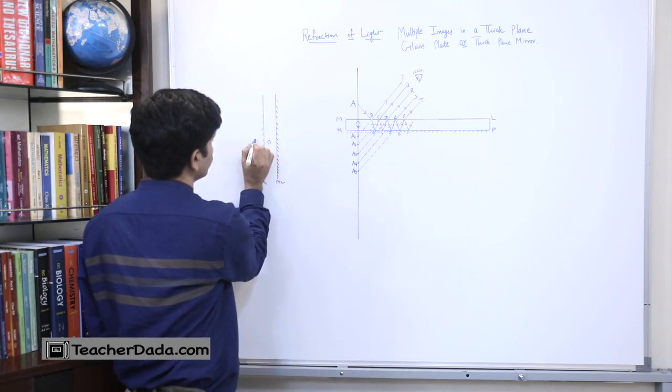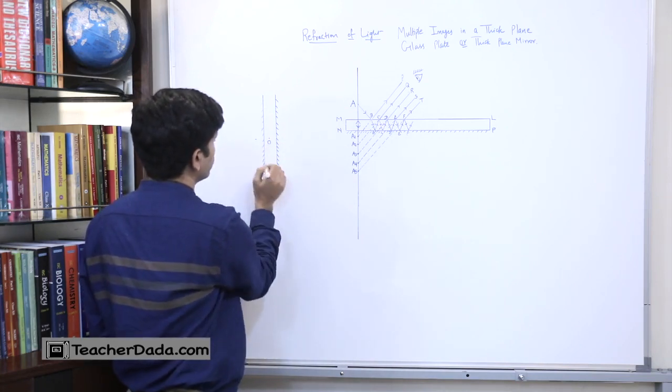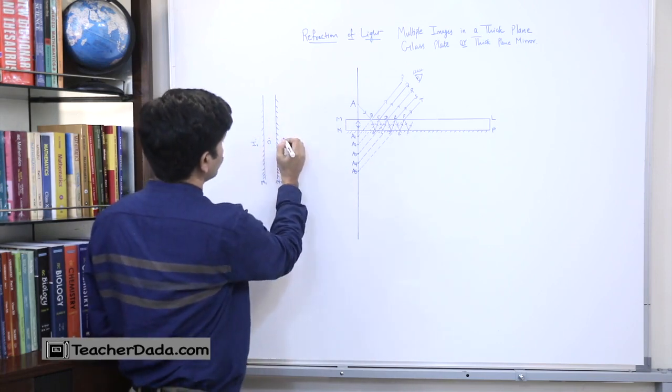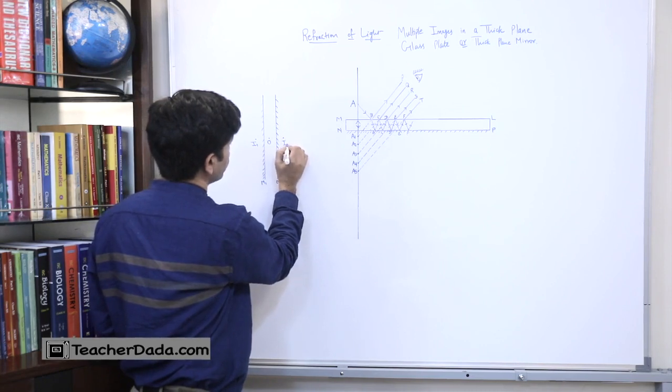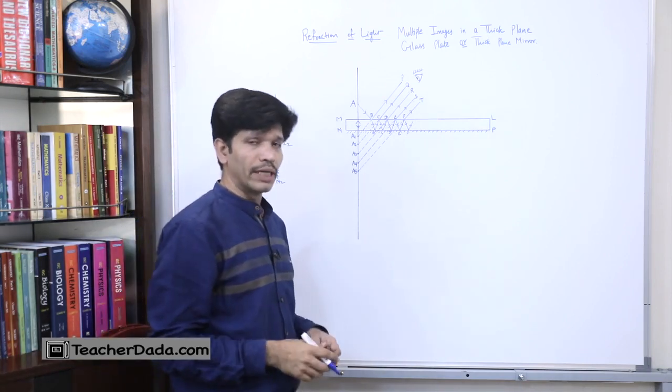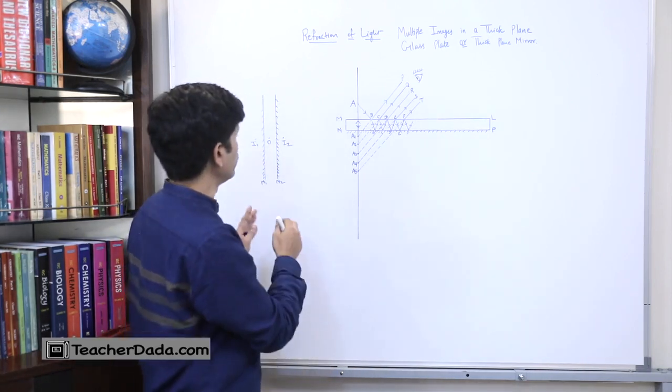So on this side of the mirror M1, the image will be formed, that is I1, and to the right of mirror M2, at the same distance, the image will be formed at I2, because that is the characteristic of the images formed by a plane mirror.